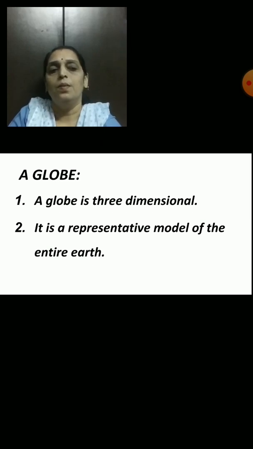Now this model represents our entire earth. Now what is a globe? Yes, come on, tell children. What is a globe? Yes, a globe is three-dimensional. It is a representative model of the entire earth.